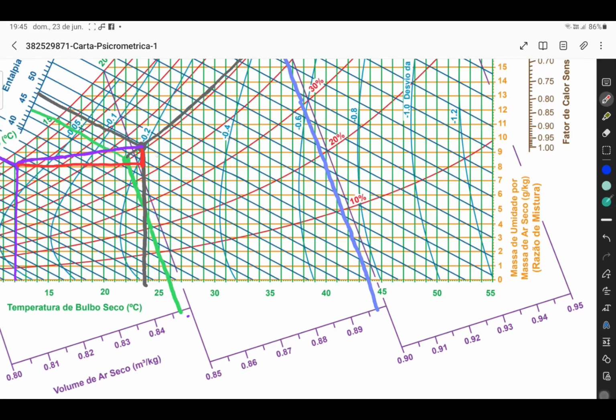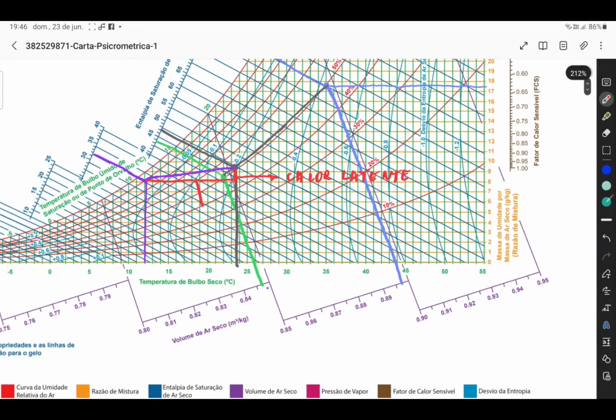So this energy here was latent heat. And here the sensible heat is how much energy I spend to reduce the air temperature.